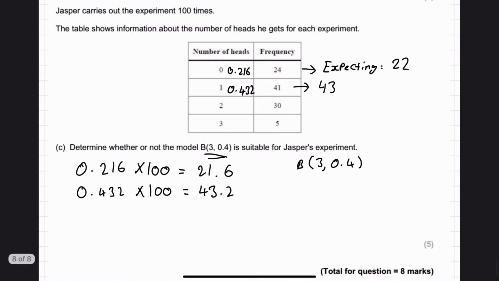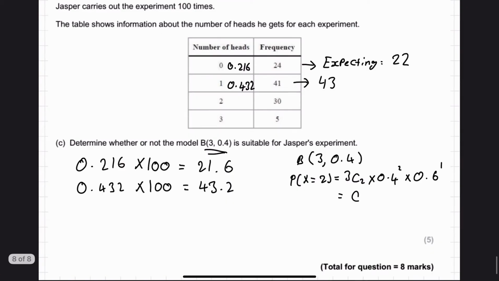If I want to find the probability of landing on heads twice, I'm going to do my 3 choose 2, times 0.4 to the power of 2, times 0.6 to the power of 1. Typing that into my calculator, I get 0.288.